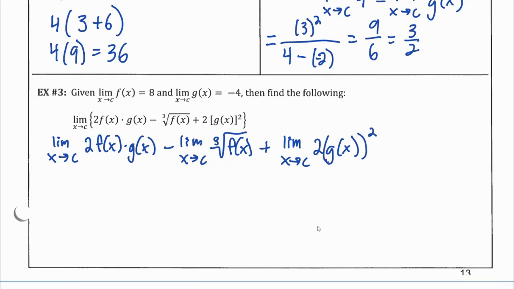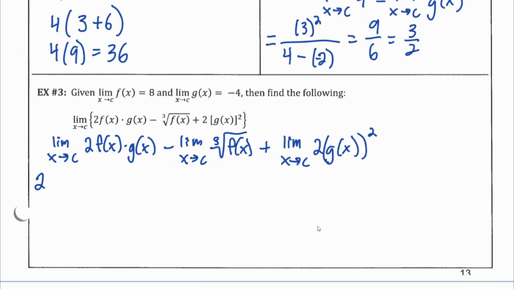Okay, then I would just go piece by piece. So we know that we can split this first one by multiplication, and we also know we can take that 2 out front. So that 2 is like in front of the f, but it doesn't really matter because it's all multiplication.